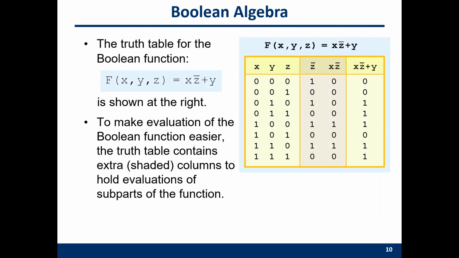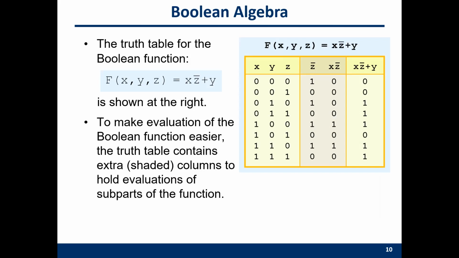Because we have 3 input variables, we have 2 to the power 3, which is 8 rows. In order to simplify the analysis, we can set some intermediate variables like x and z bar.